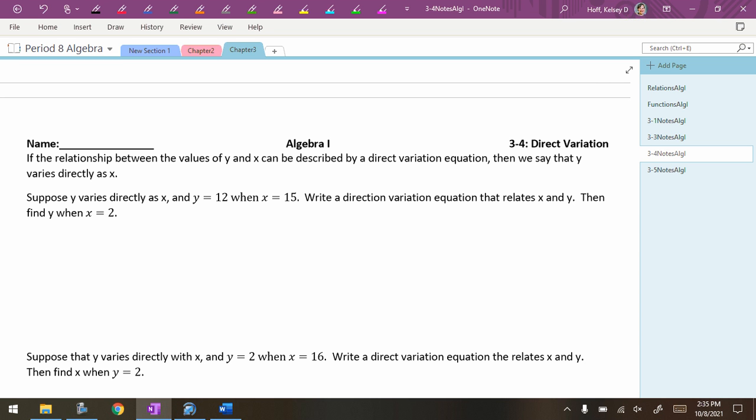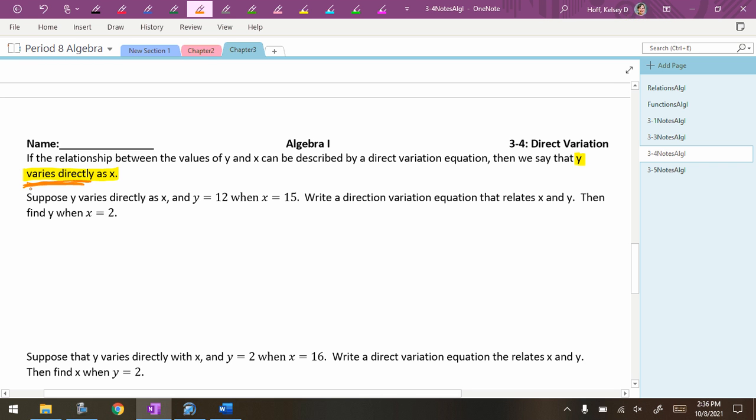If a relationship between the values of y and x can be described by a direct variation equation, then we use the phrase y varies directly as x. The key phrase really being varies directly. Whatever they talk about before that phrase is always going to be your y value.